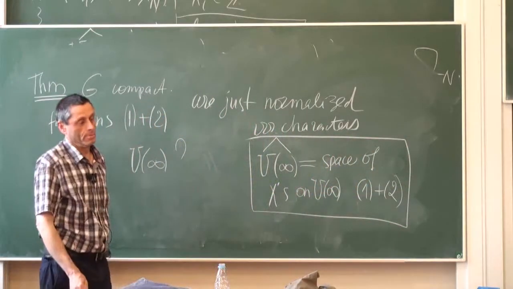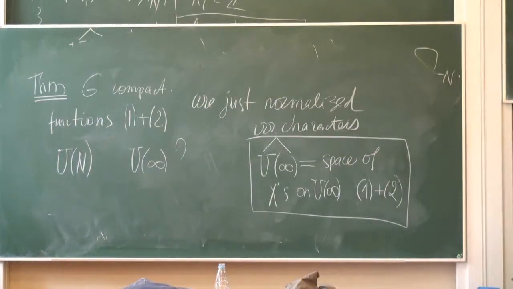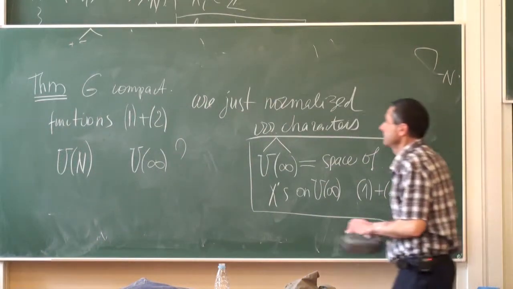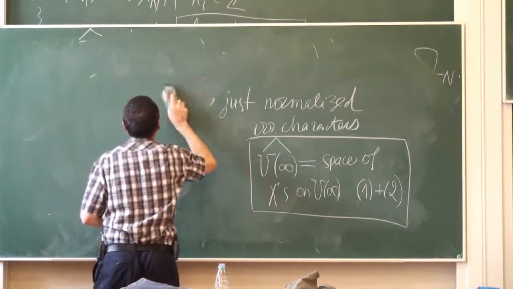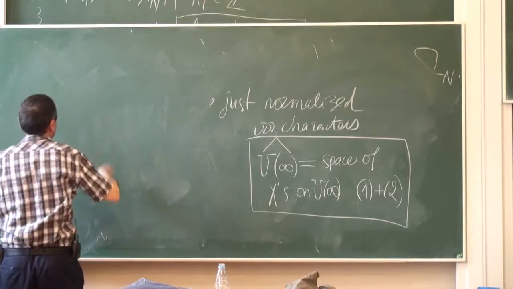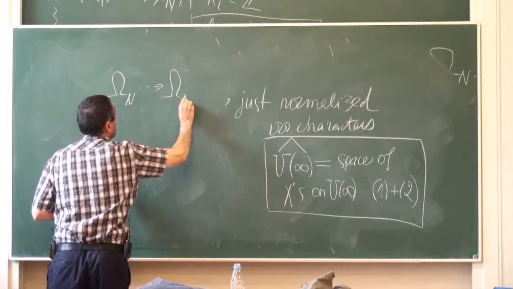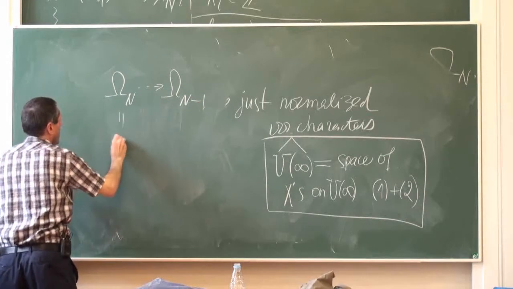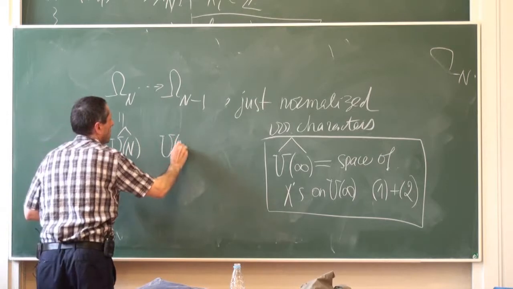And now the theorem, which will be made more concrete tomorrow, says the following. Return to our situation. I recall that we have the chain of spaces which are duals to the unitary groups.